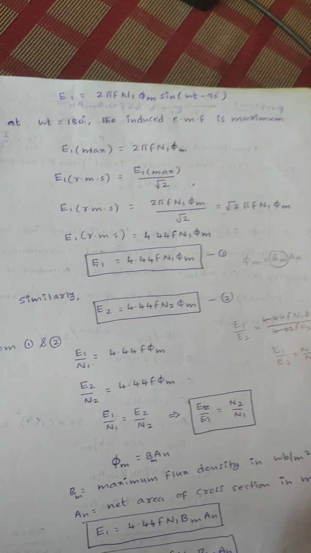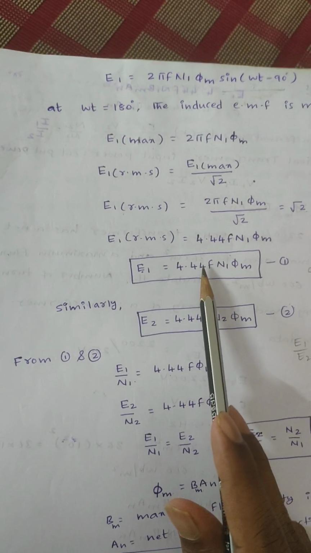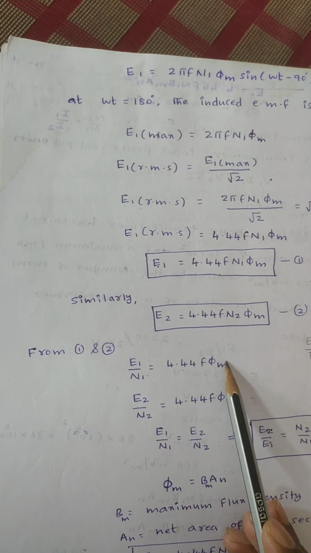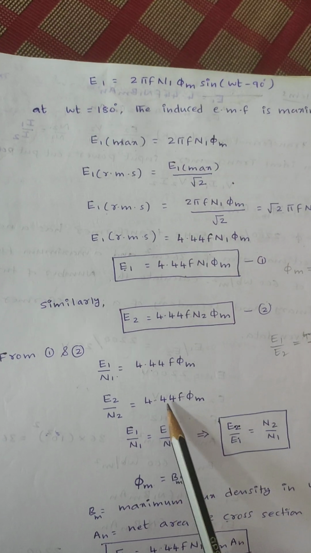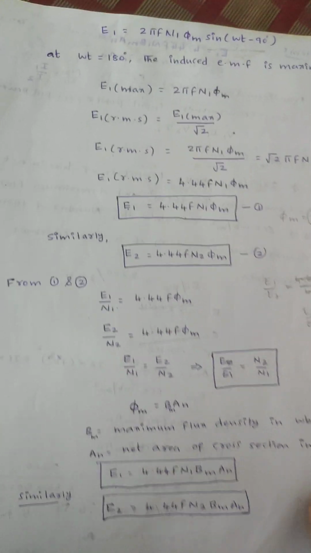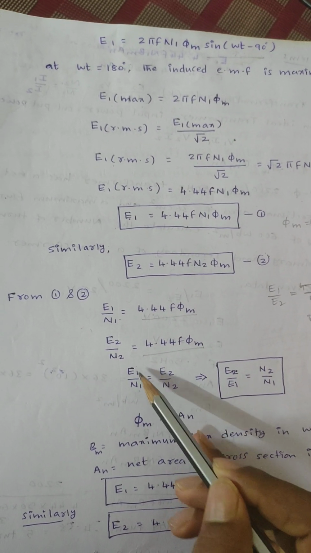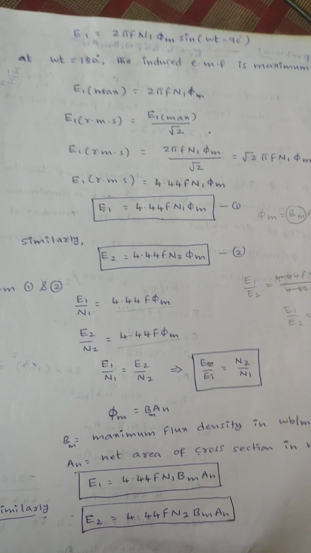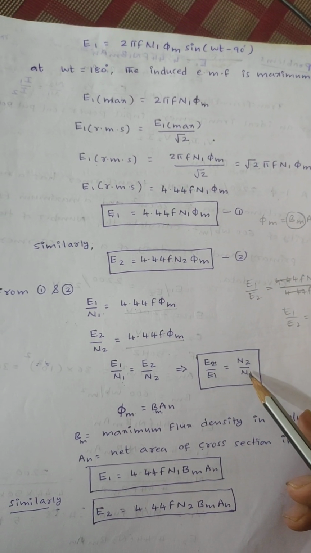Next, from equation 1, E1 by N1 equals 4.44 f into phi m. Similarly, from equation 2, E2 by N2 equals 4.44 f into phi m. These two values are equal. The conclusion is that EMF per turn on the primary side equals EMF per turn on the secondary side. From this equation also, E2 by E1 equals N2 by N1.